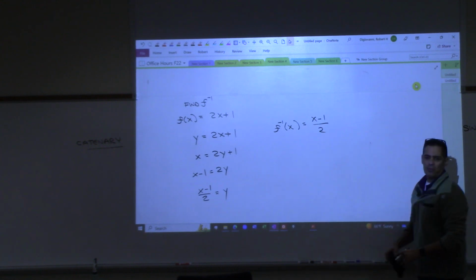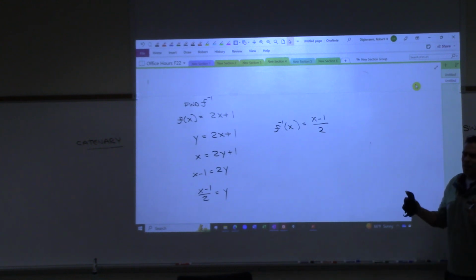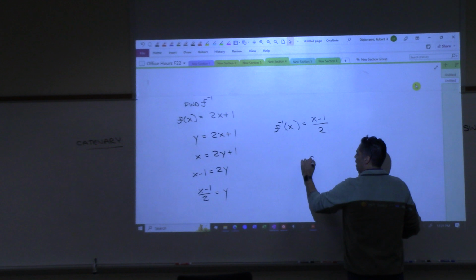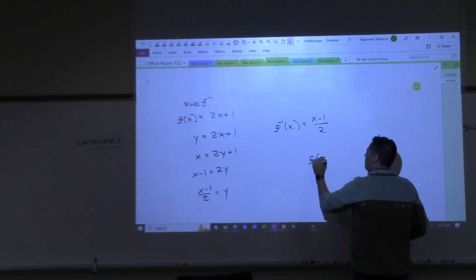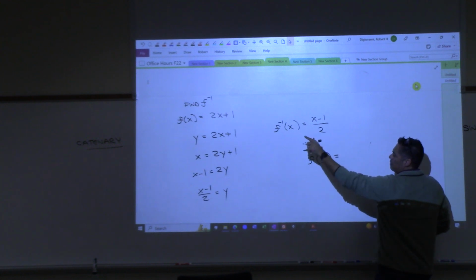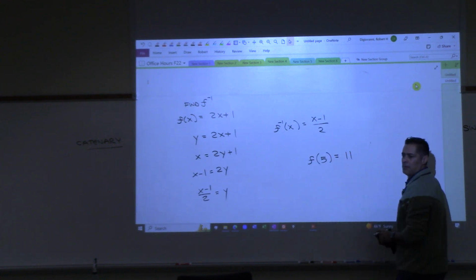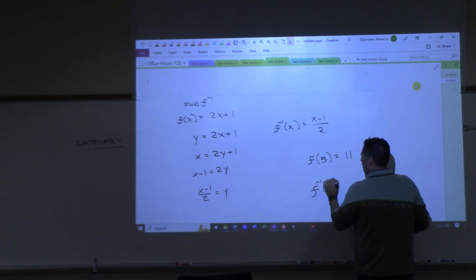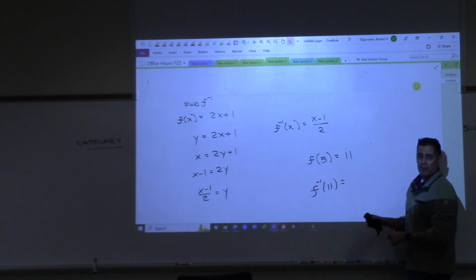Let's just check that this works. When I say check, I'm going to check it for one value. If it works, I'll be happy. So let's plug in 5 into that function. What happens if I plug in 5 into that? You get 11? Okay. Now, if I take 11 and plug it into the inverse, I should get what? 5.